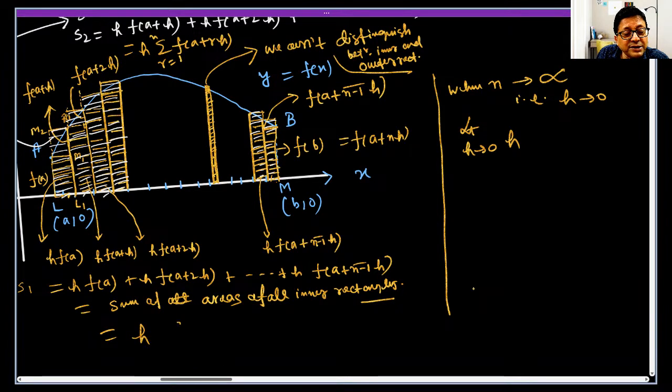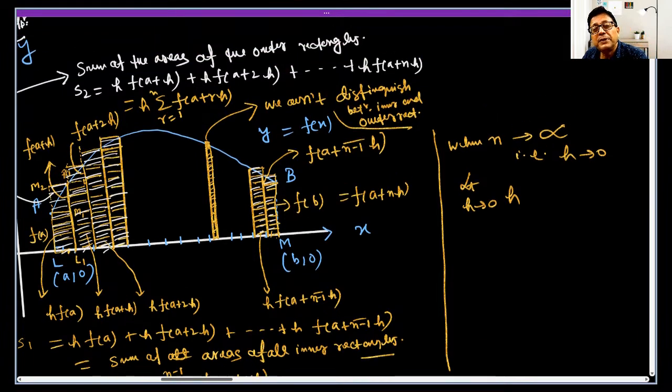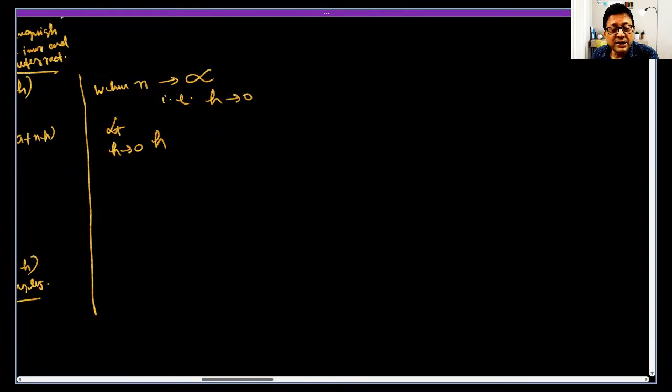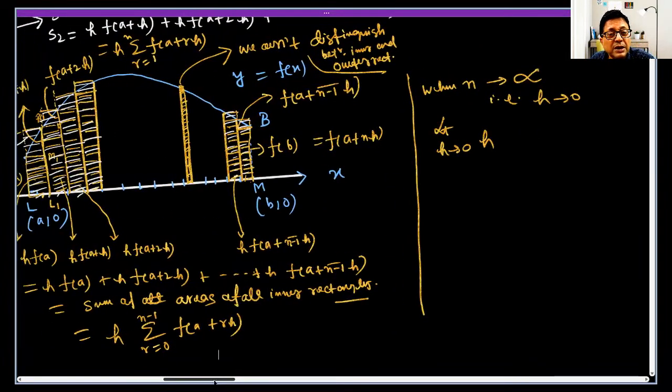This is h sigma r equal to 0 to n minus 1 f of a plus rh. Okay? Clear? Understood? Now I am summarizing the result.